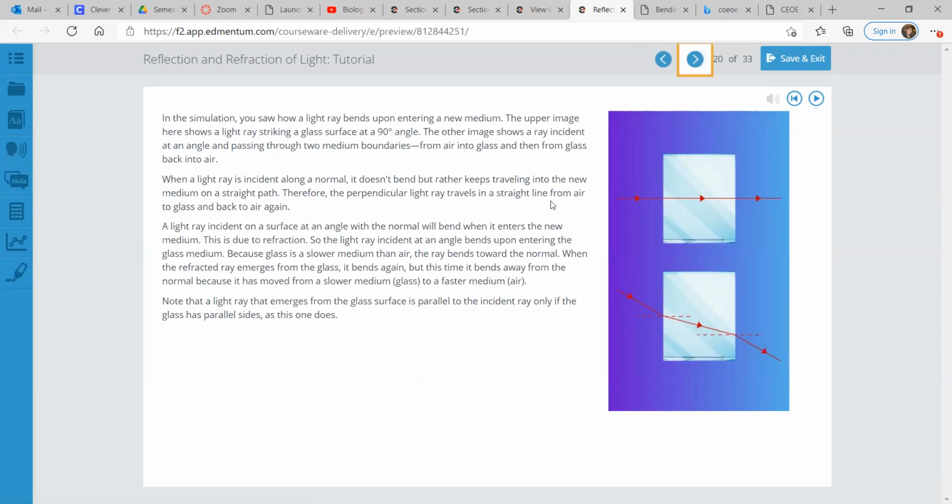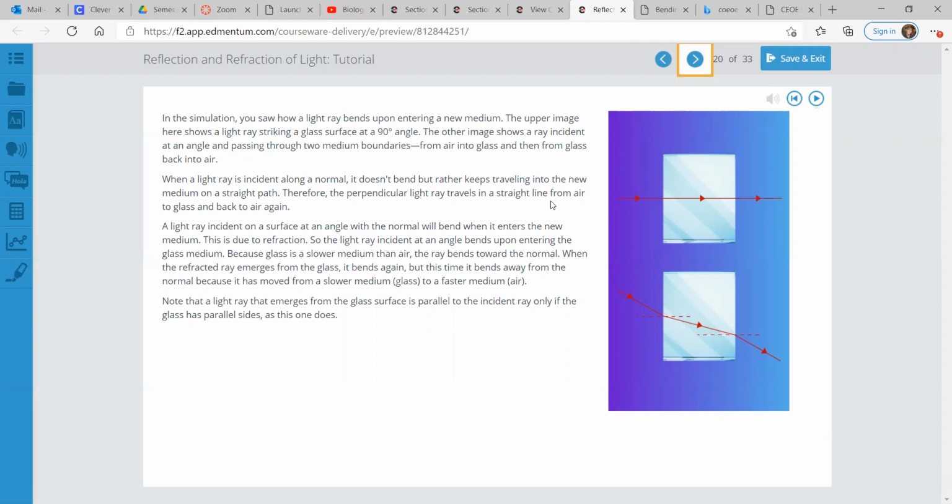Therefore, the perpendicular light ray travels in a straight line from air to glass and back to air again. A light ray incident on a surface at an angle with the normal will bend when it enters the new medium, and that is due to refraction. So the light ray incident at an angle bends upon entering the glass medium. Because glass is a slower medium than air, the ray bends toward the normal.